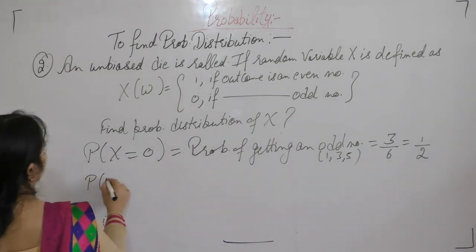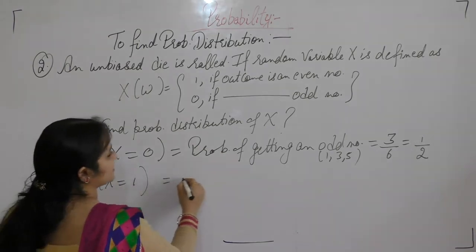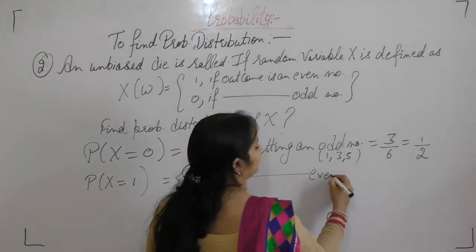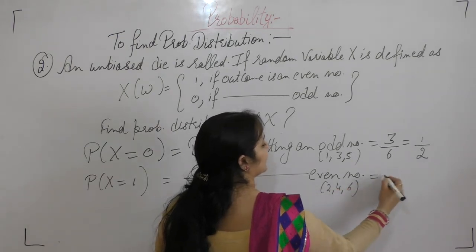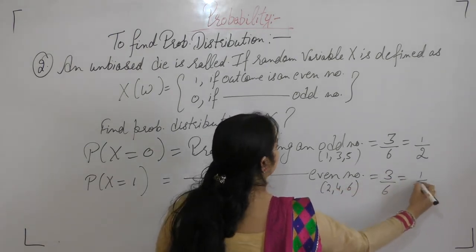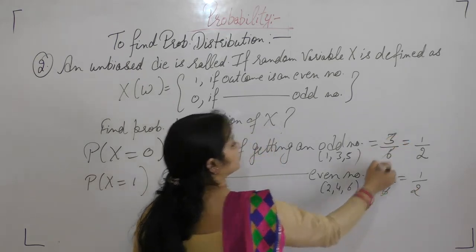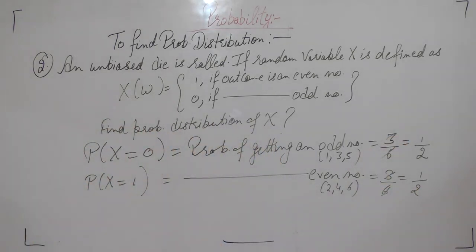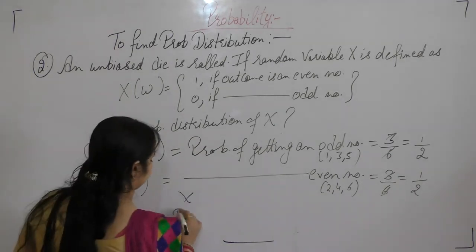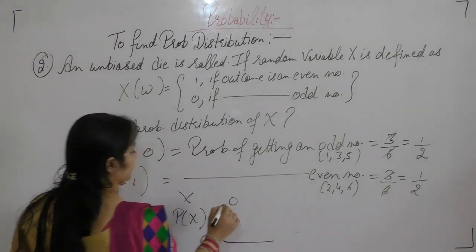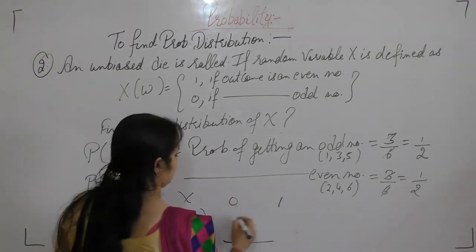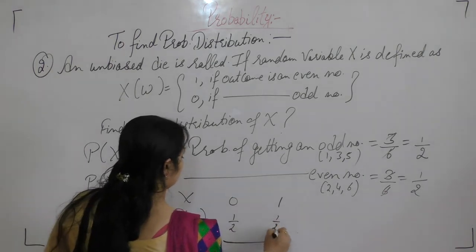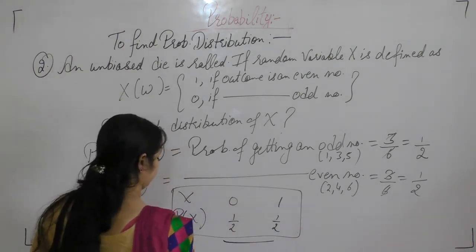The probability at x equal to 1 means getting an even number 2, 4, 6, that is 3 by 6, again 1 by 2. Thus the probability at x equal to 0 and 1 is 1 by 2 and 1 by 2.